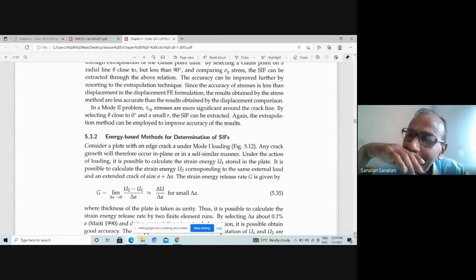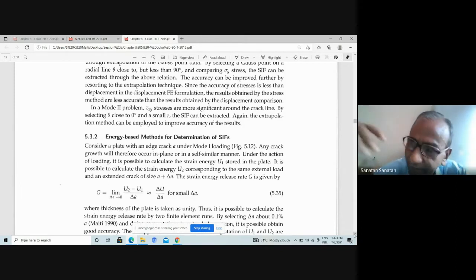Now we see that in the finite element method, we can have the stresses and displacement determined. We can also find out the strain energy in the whole body, and G, the strain energy release rate, is given by the difference between two strain energies corresponding to two crack sizes, divided by the difference in the two crack sizes.